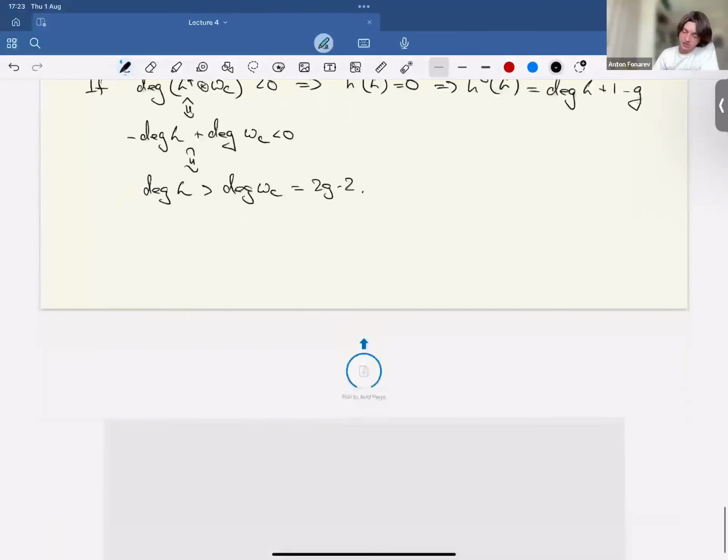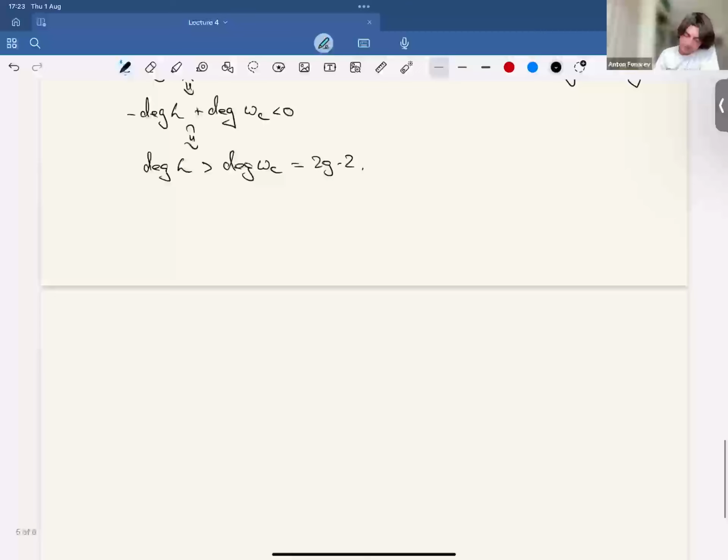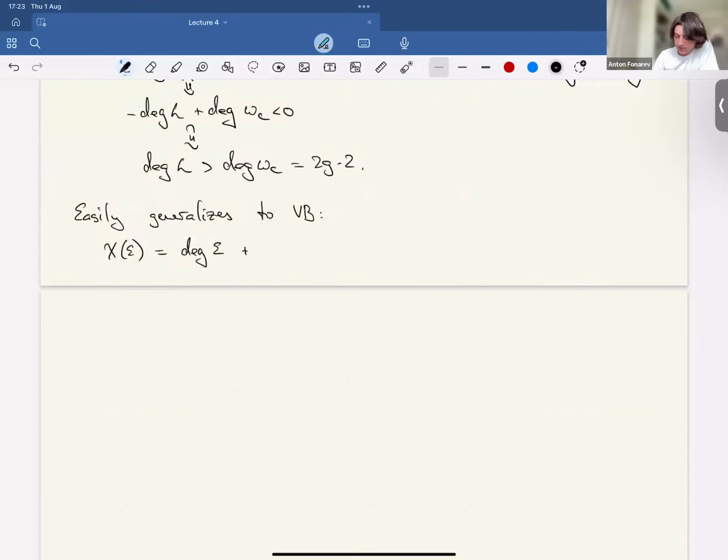So how does it generalize to vector bundles? So this thing easily generalizes to vector bundles, not just line bundles. And specifically, I claim that chi of E now equals the degree of E plus rank of E times chi of O. Why is this so?